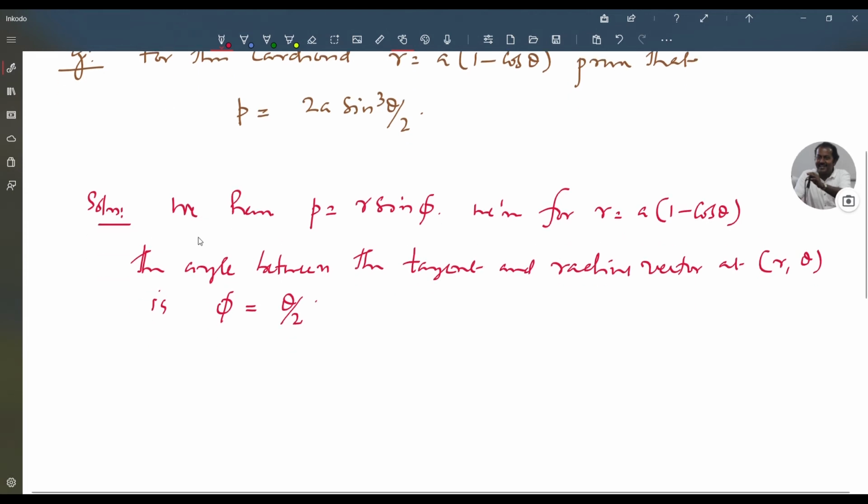Therefore, in this case, p equal to r into sine theta by 2. You know that r is a into 1 minus cos theta.